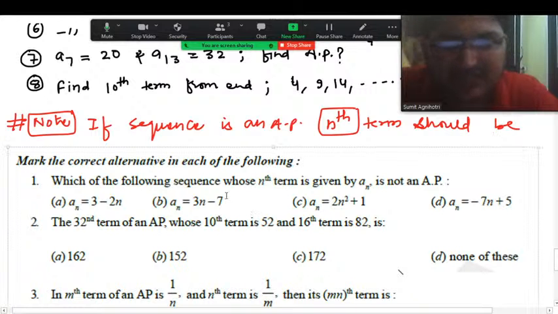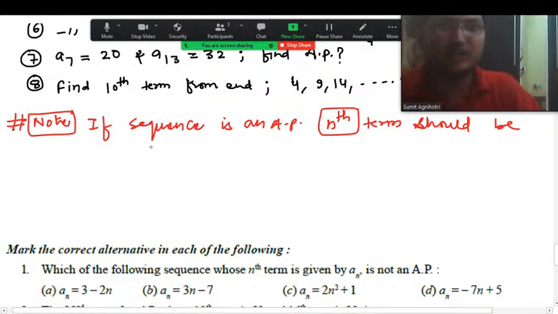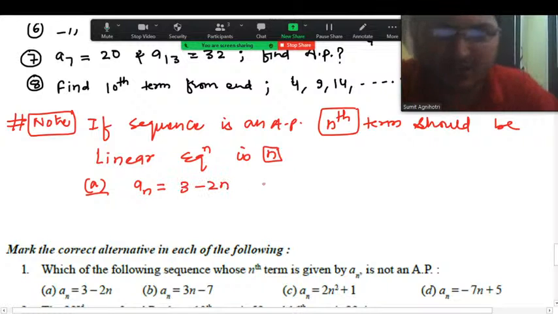I will answer this why. The nth term should be a linear equation in n. If someone asks why you are saying this, I can answer with examples. Let's say the first example is an equal to 3 minus 2n. Yes, it is a linear equation, no issue.